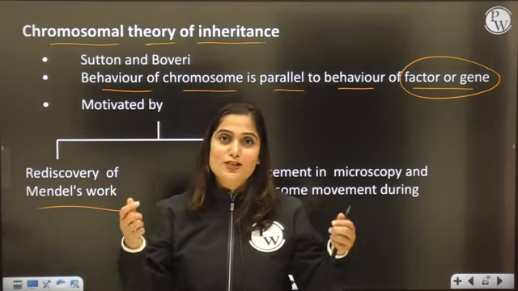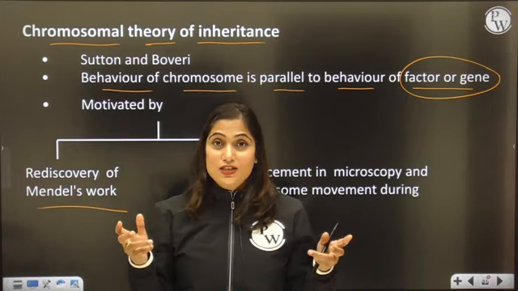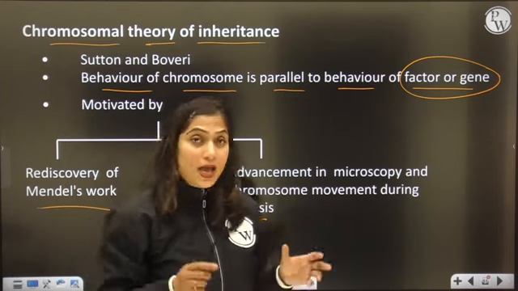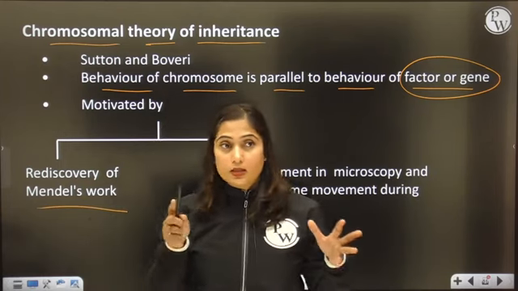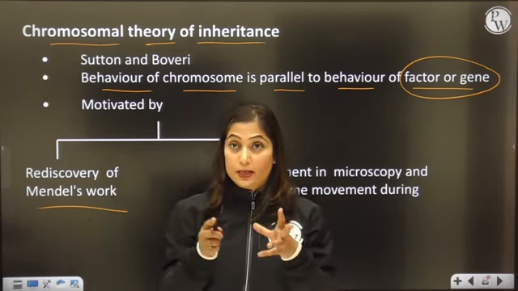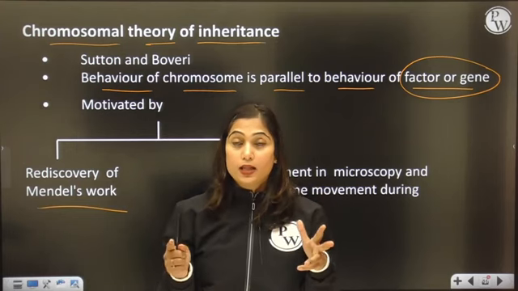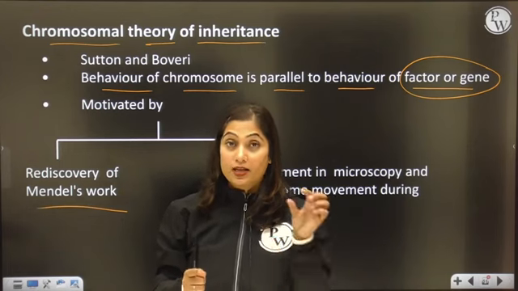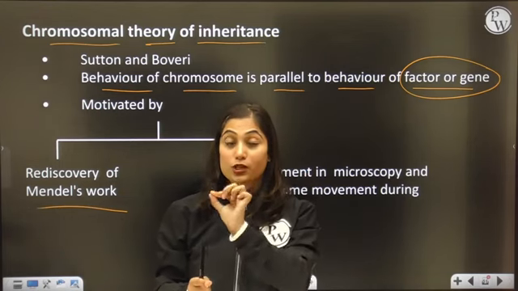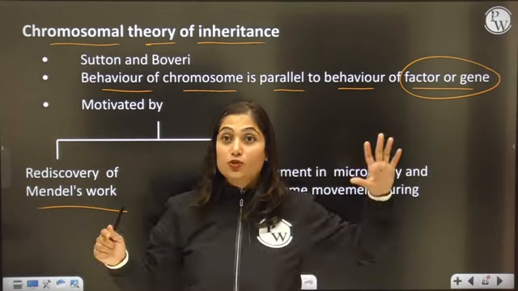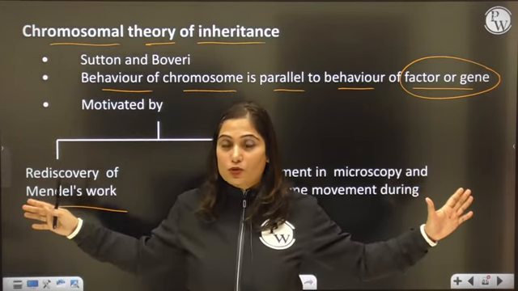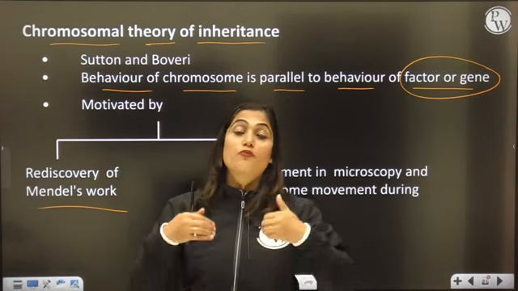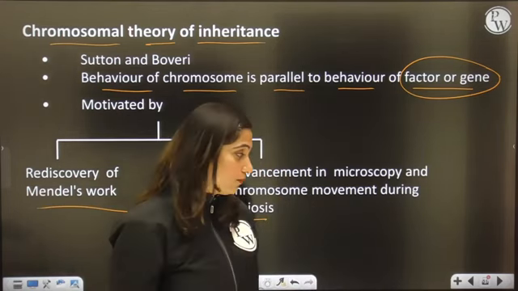So the gene and the chromosomes show the same behavior. Actually, Sutton and Boveri together combined these studies, but the chromosomal theory of inheritance was actually proposed by Sutton. There is a line in NCERT: Sutton proposed the chromosomal theory of inheritance. So the knowledge of Mendel's work and electron microscopy were combined by Sutton and Boveri, but the chromosomal theory of inheritance was given by Sutton.